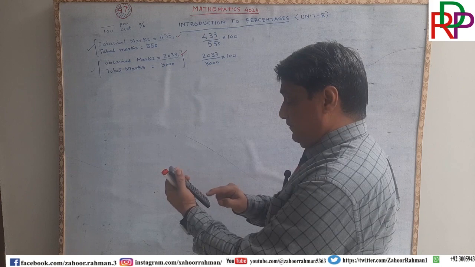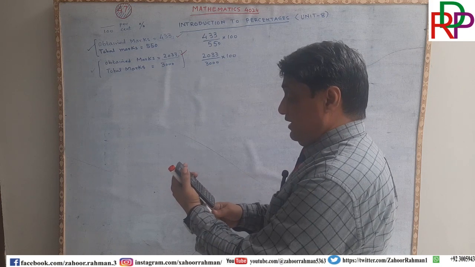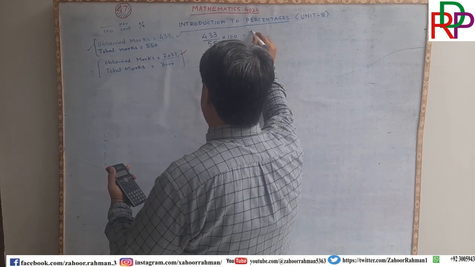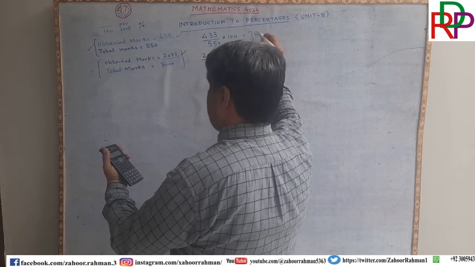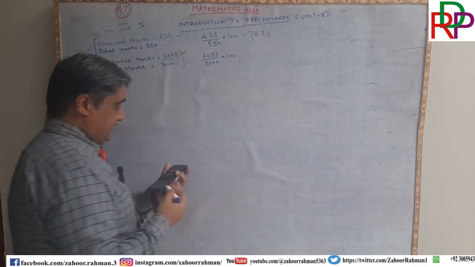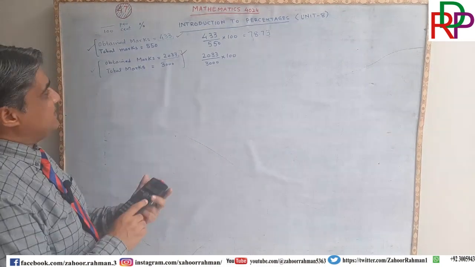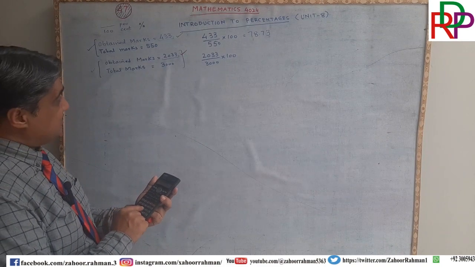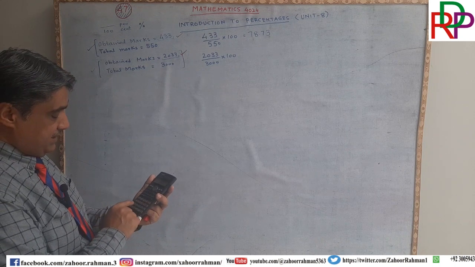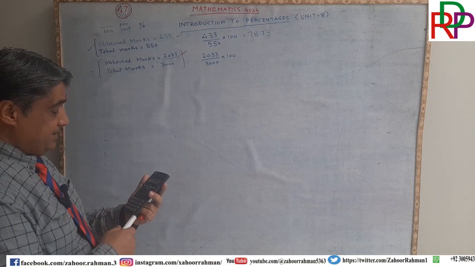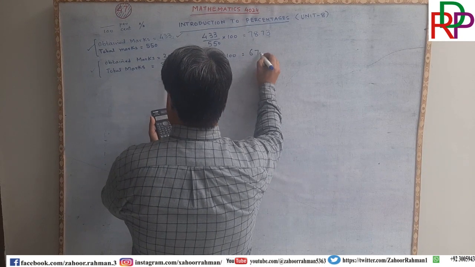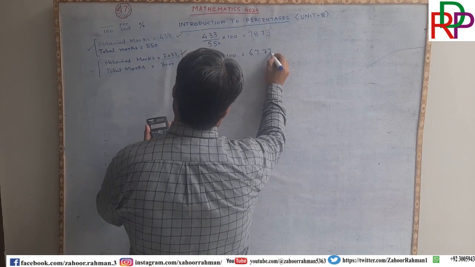433 divided by 550 multiplied by 100, and that is equal to 78.73. And now let us see the second person. 2033 divided by 3000 multiplied by 100. This person has taken 67.77.